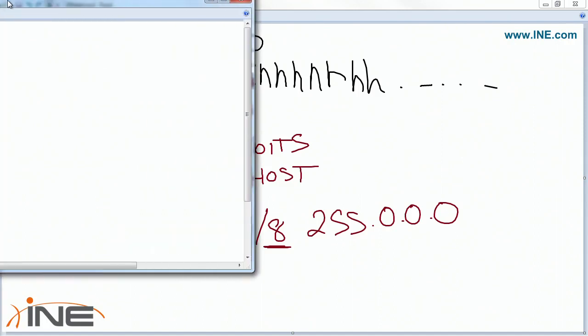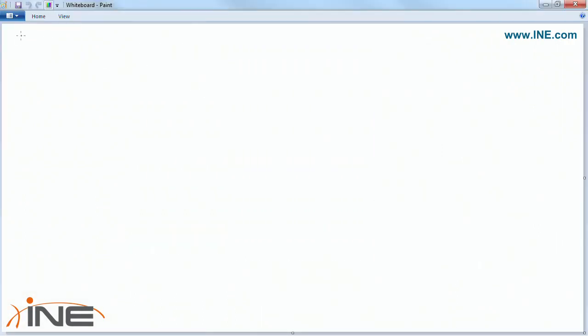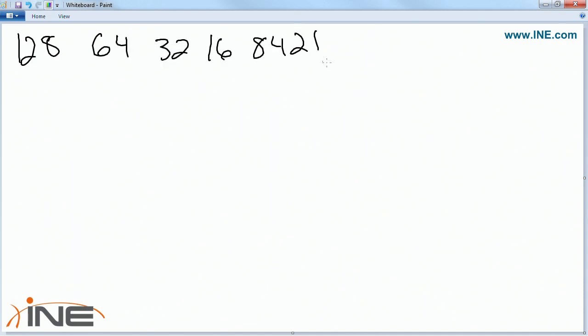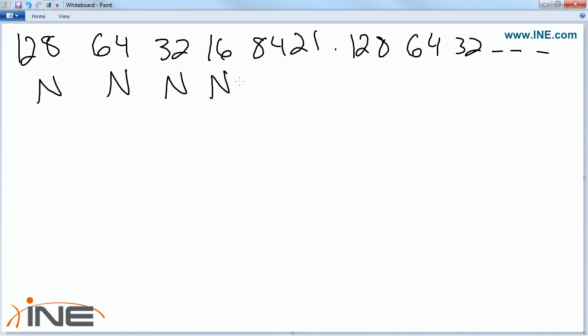It means that now the network portion is going to look like this, where previously, when we look at the 128, 64, 32, 16, 8, 4, 2, and 1, and we do this on an individual octet basis or an individual byte basis, the network had these first 8 bits for the network. Now we're borrowing 1 more.